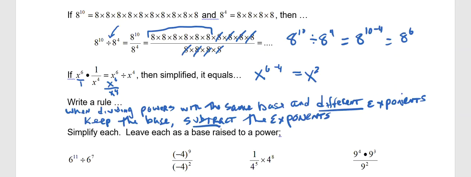So really just the inverse of what we did yesterday. When we multiplied, we added the exponents. When we divide, we subtract the exponents.